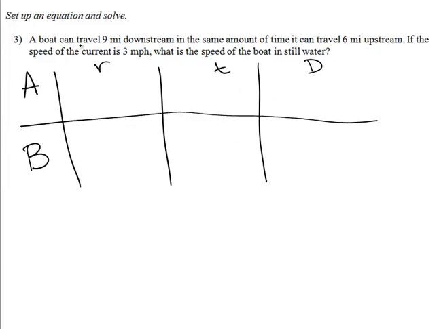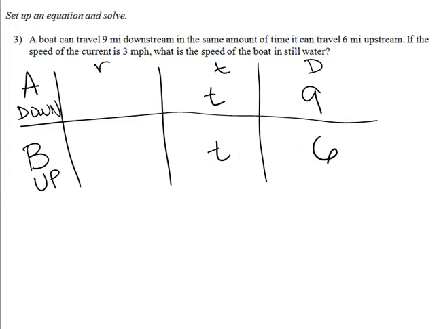So it says it can travel 9 miles downstream. So we're going to say this is down, and this is upstream. Same boat, different directions. Downstream it can go 9 miles, and in the same amount of time, so times are constant, that it can travel upstream 6 miles.